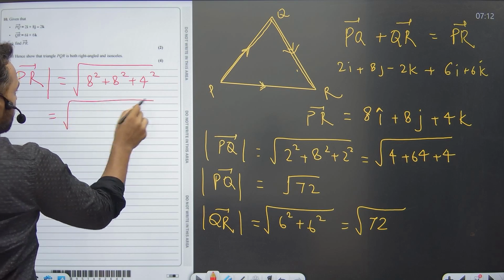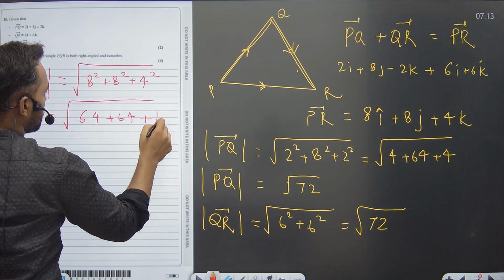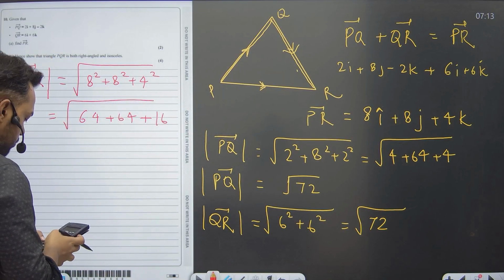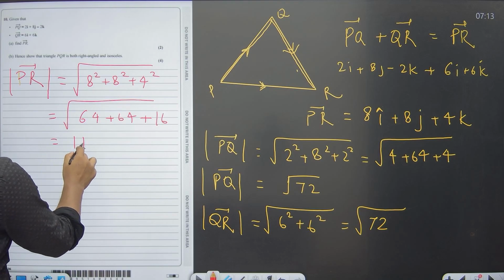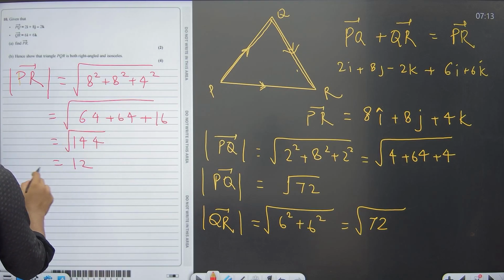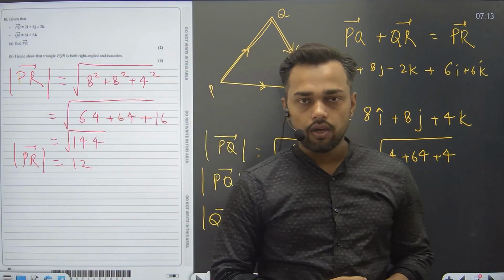This value will be 64 plus 64 plus 16. So what will we get here, student? 64 times 2 plus 16 will give you 144. So root of 144 will be equal to 12. The magnitude of PR vector is 12.